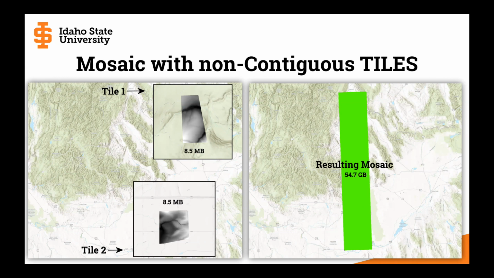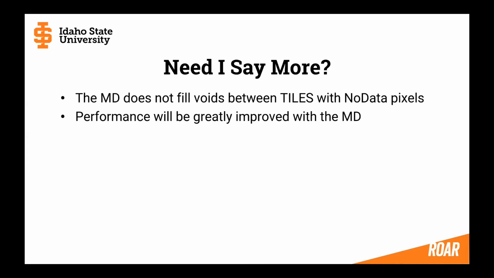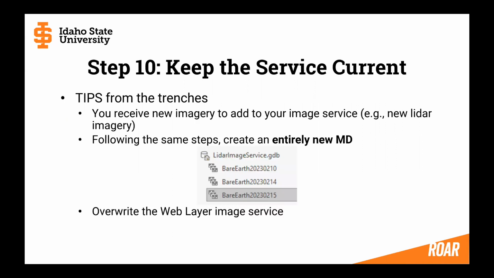What a tremendous savings and gain in performance. Need I say more? The mosaic dataset does not fill the voids between your tiles with no data pixels. Performance is greatly improved with that mosaic dataset.